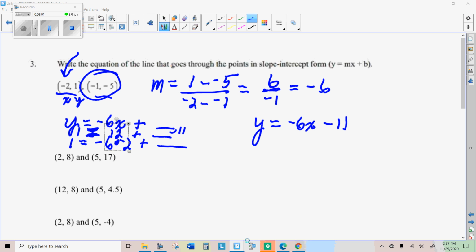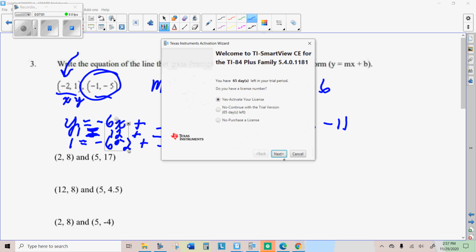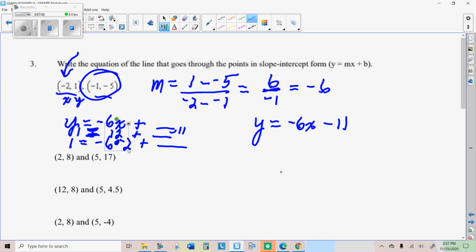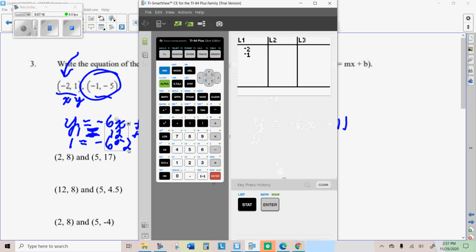And to do that, just enter the 2 points into your calculator, into your list, and do the linear regression, and it'll tell you if you have the right slope and y-intercept. So I'll remind you how to do that. You're going to press Stat, Enter, and hey, look there, I already have those points in. That's awesome.